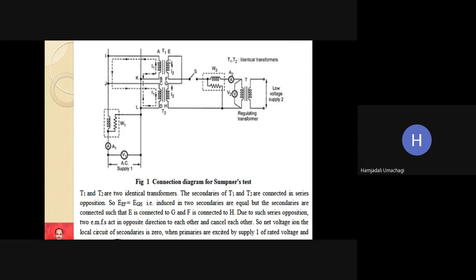The flow of the current after closing the switch and after applying a small voltage and allowing rated current to flow through the ammeter A2, that is the short circuit current I2, will flow from point E to point F, that is the secondary of the T1 transformer. Then it will flow from point H to G. So it will follow the path E, F, H, G. In this way it will flow. Okay.